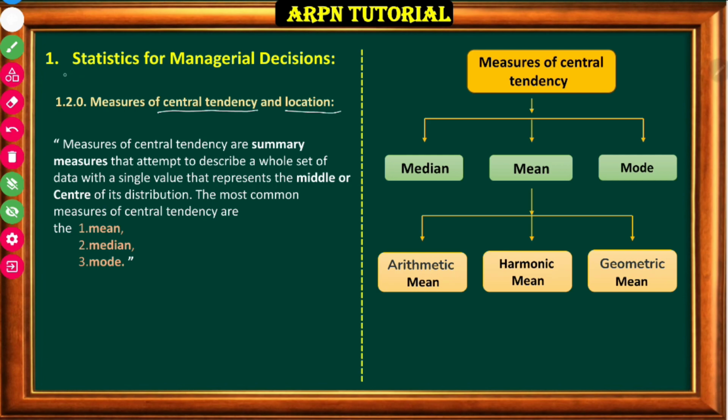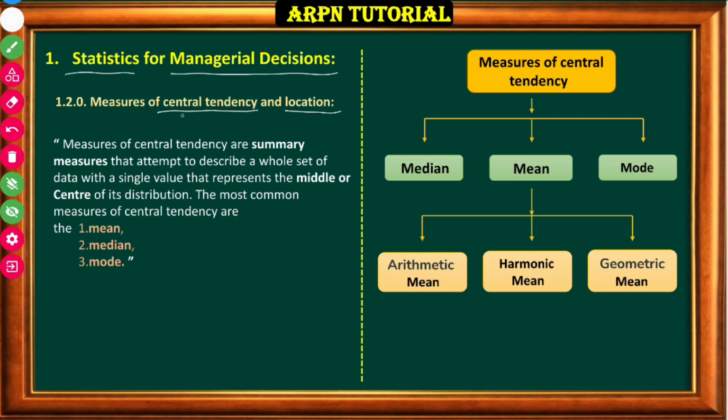Why are we using it? Again, statistics for managerial decision. Whatever decision we have to make, to make that decision we must have some reference data. So this is the reference data, this is the analysis that we are delivering in front of managerial people to take their decisions or administrative decisions.